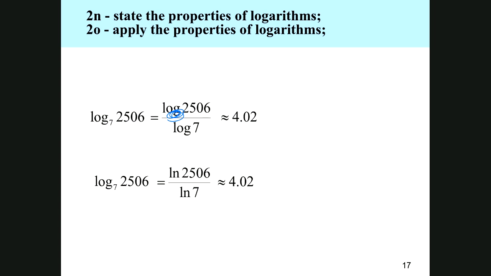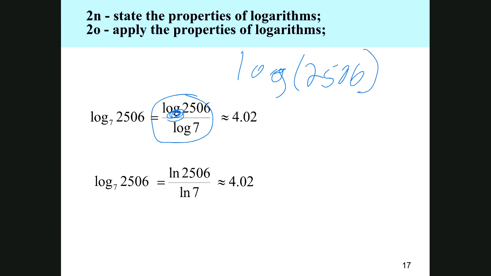So that's the log of 2506 divided by the log of the old base. These two buttons I have on the calculator, so I could put those in. Just remember, when you do log of 2506, be sure and close the parentheses before you divide by the other log.